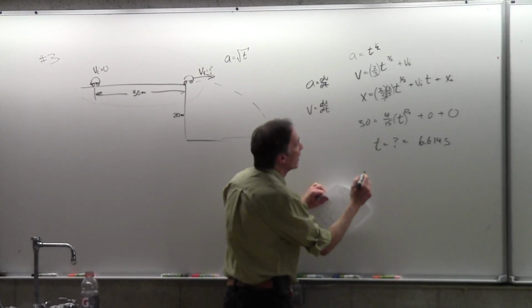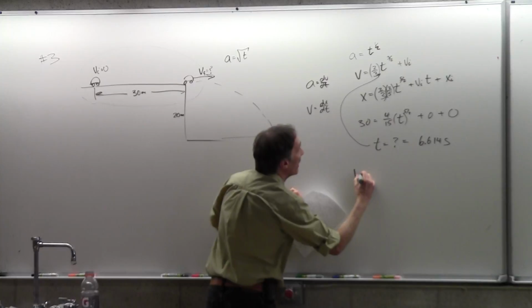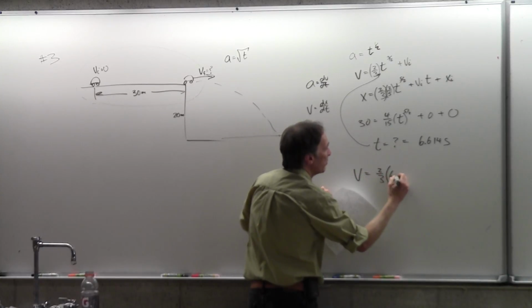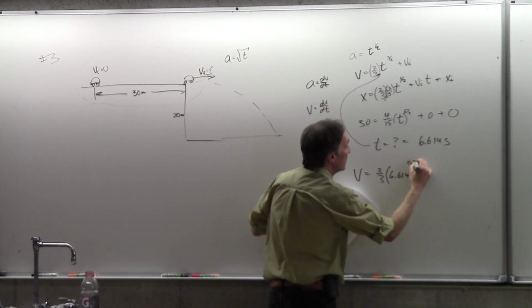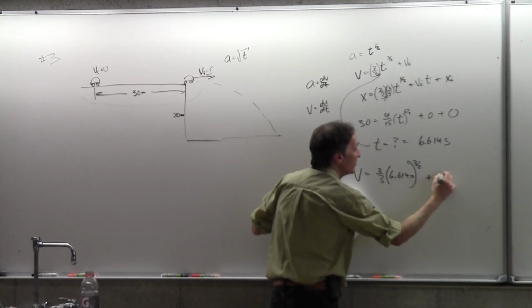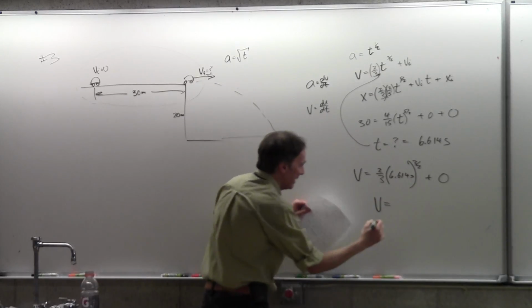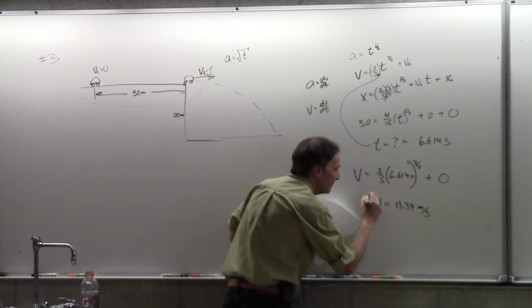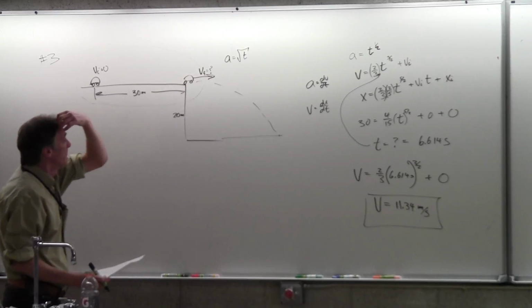So I would want to take this and stick it back into that equation. The velocity is equal to 2/3 of 6.614 seconds to the 3/2 plus the initial velocity, which is 0. And I got that velocity as 11.34 meters per second. And so he drives off the cliff with that speed.